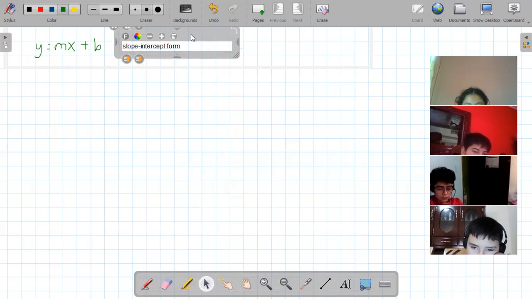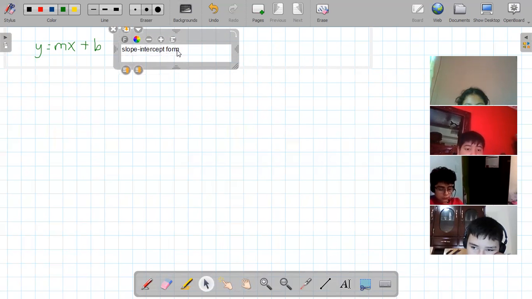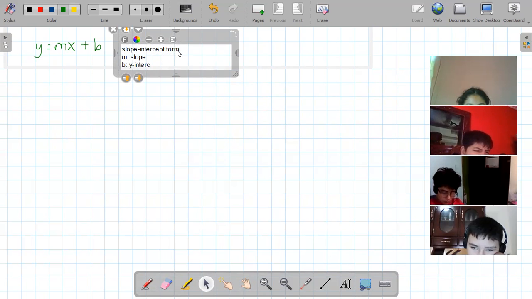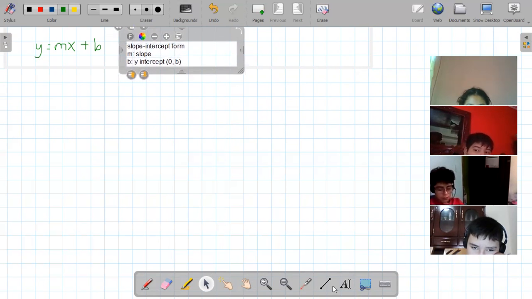This is the slope-intercept form equation, where m is the slope and b is the y-intercept that you are going to write as (0, b). That's how you're going to write a slope-intercept form equation.